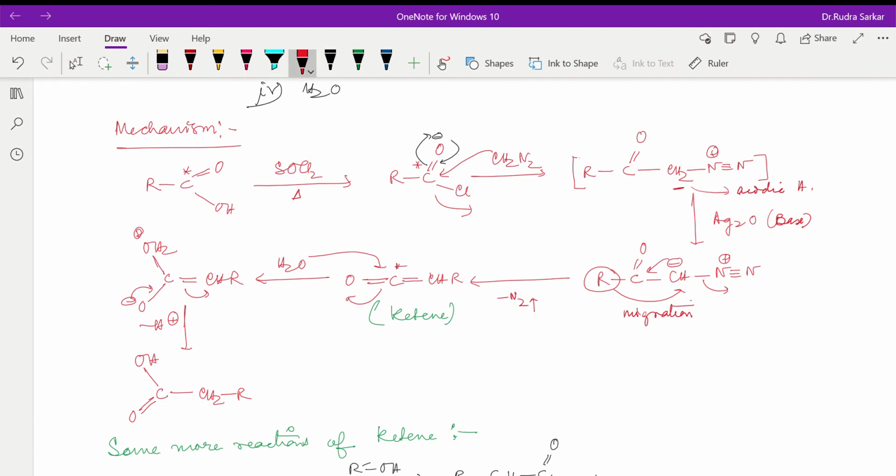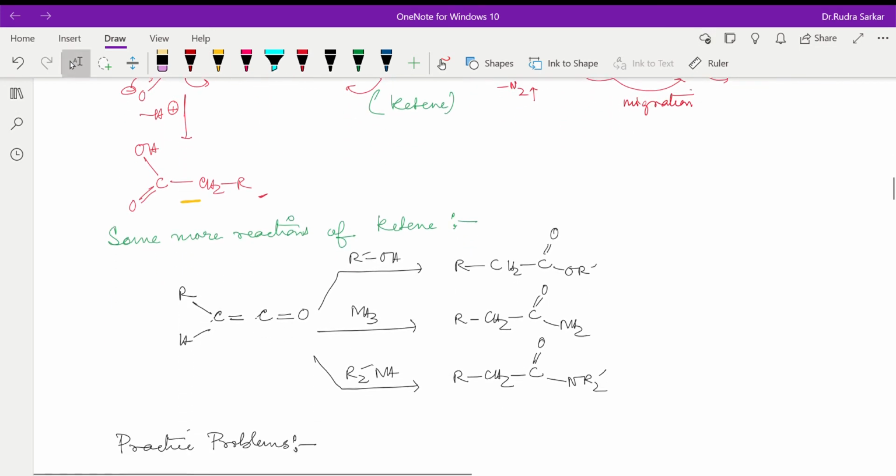Now ketene can undergo attack by water, obviously on this particular carbon which I have marked with an asterisk sign, because this is the electrophilic center. Followed by this mechanism, we will get the acid, and on comparison of this acid and this acid, you see there is an increase of one carbon CH2 group. So that is what it means when we say homologation of the acid.